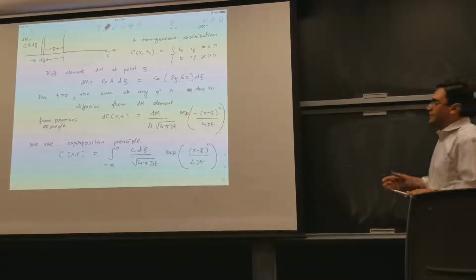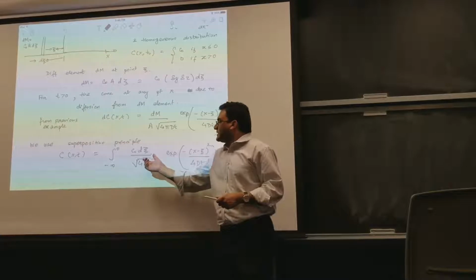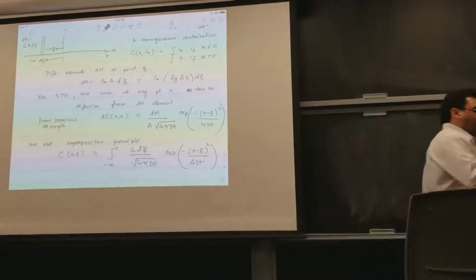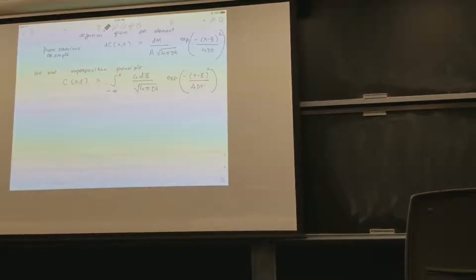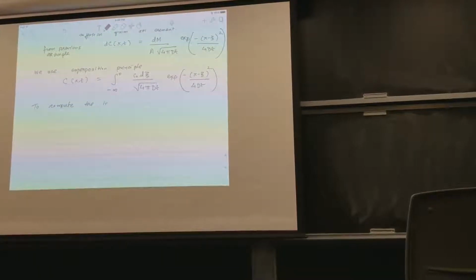So if you look at this carefully, it starts to look somewhat like the error function solution, but there are a few steps more. And I think to make life easier for you, let's do all those steps in some detail. So to compute the integral, we make a change of variables.